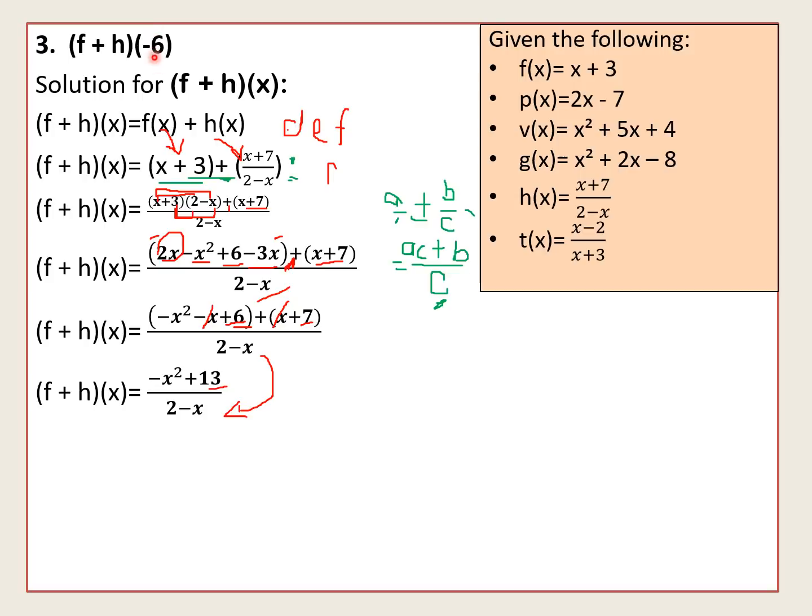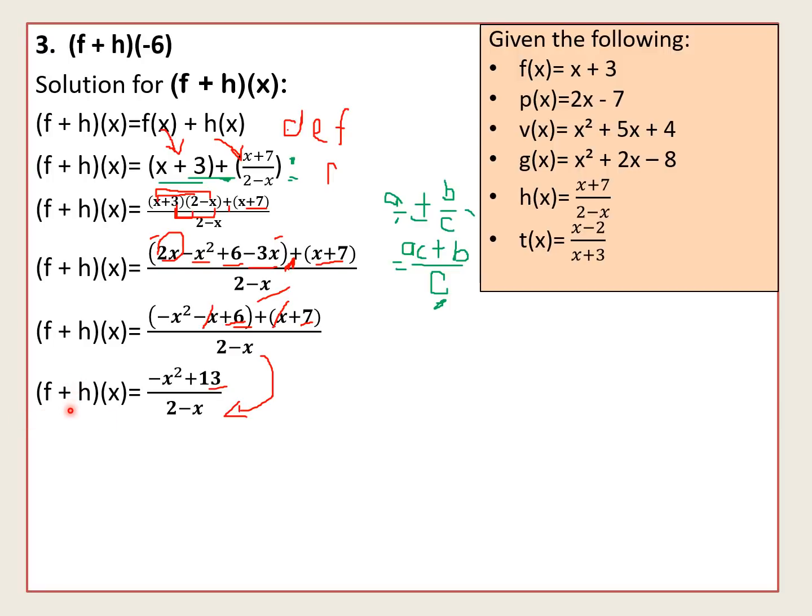Gagamitin natin si negative 6 para ma-evaluate po natin ito. Kasi ang tinatanong, what is negative 6 in the sum of f and h. So, kukuhanin natin si f and h, f plus h muna, tapos doon natin isa-substitute si negative 6 pag nakuha na natin yung sum ni f and h.